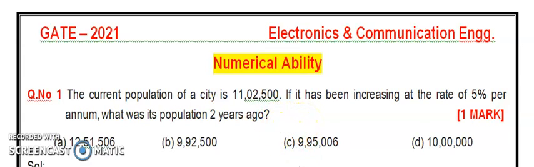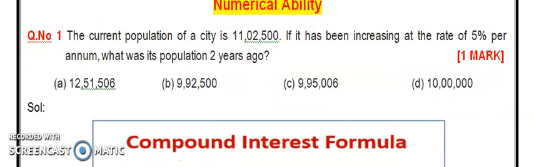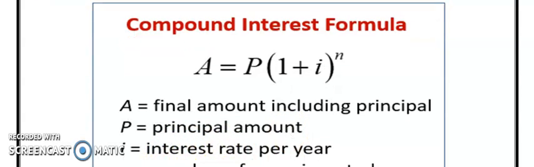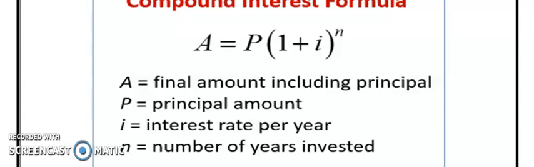Now let us see what formula we need to use here. The compound interest formula is A = P(1 + I)^n. Here A is the final amount including principal, P is the principal amount, I is the interest rate per year, and n is the number of years invested.